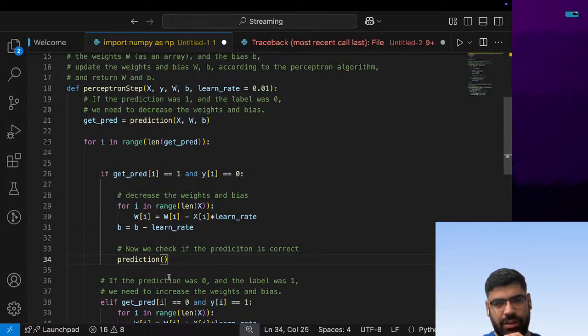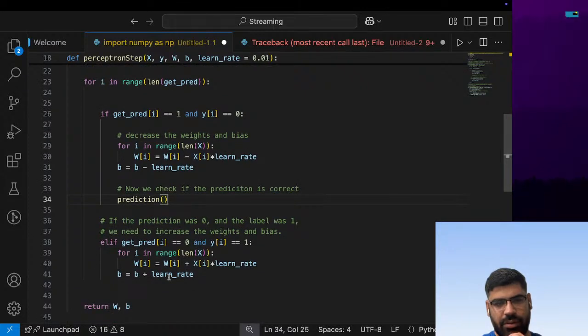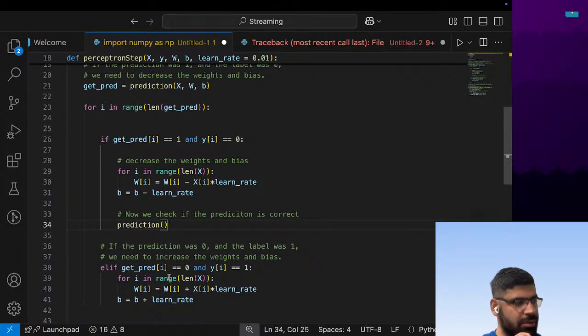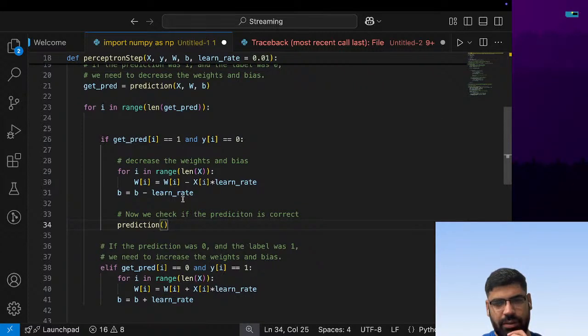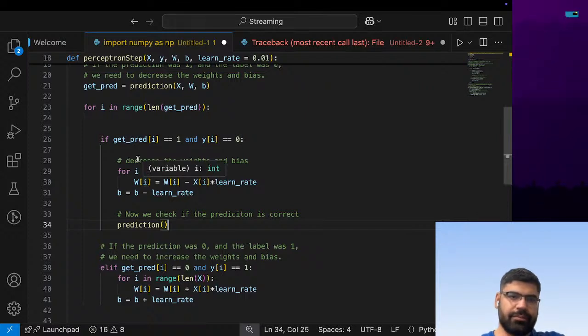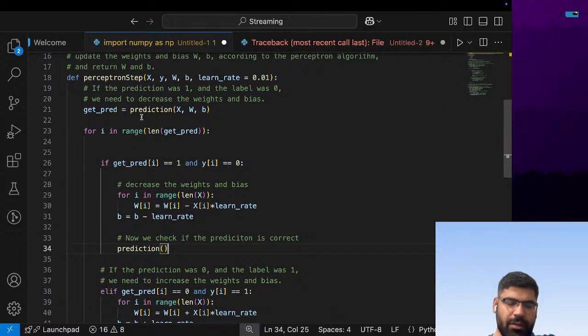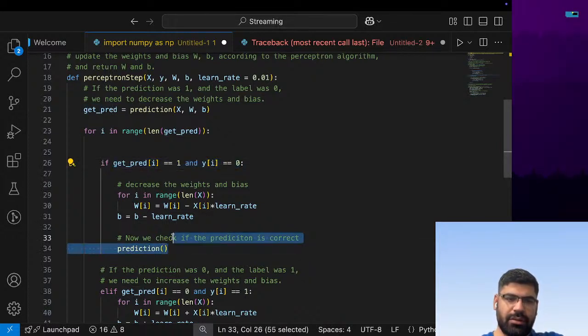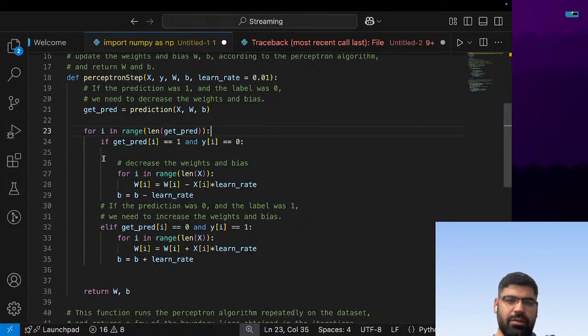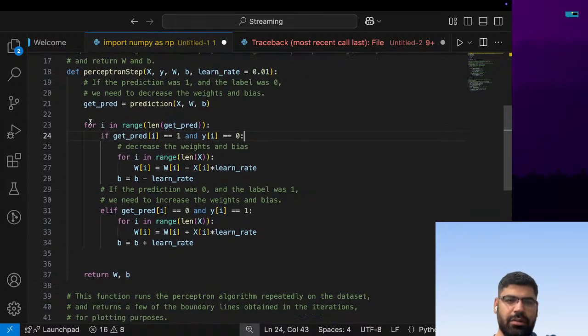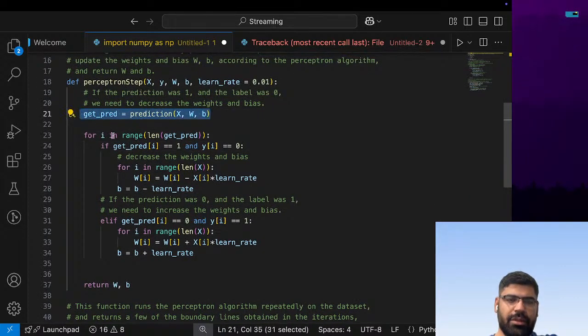And i doesn't change. We need a correct prediction. What is the prediction here? Get just the prediction for this one, but it will change this. So get prediction.